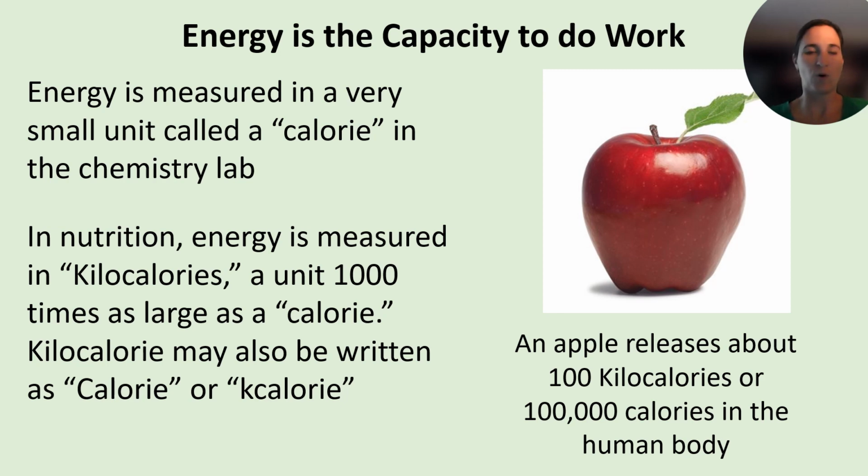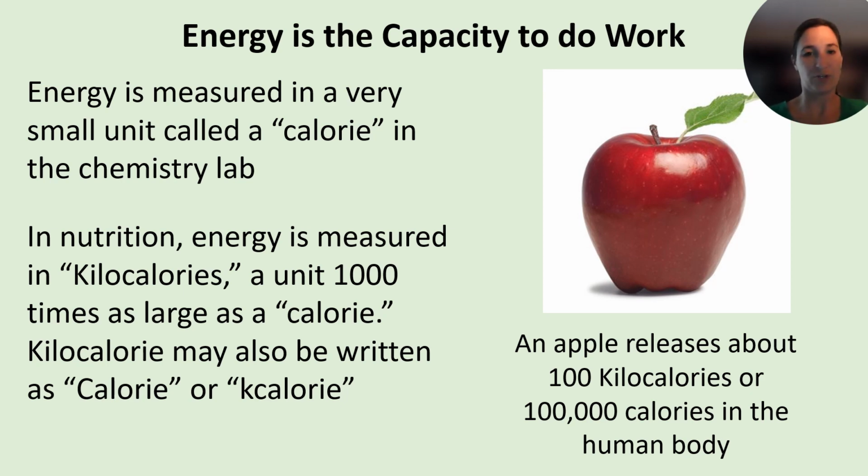And so when you see a food label, so say there's a candy bar, and that candy bar has 300 calories, what that actually is, is a kilocalorie. So it says calorie, and you'll see it with a capital C. And so that candy bar doesn't have 300 calories with a lowercase c, it has 300,000 calories with a lowercase c.